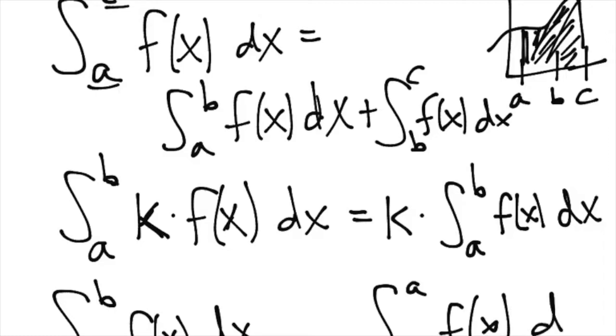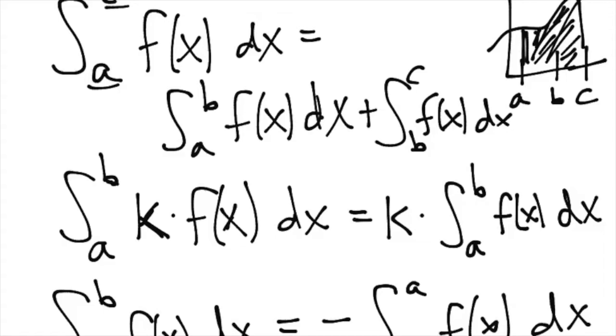These are related to each other in the sense that when you flip the order of your interval, like if B is bigger than A, then it makes sense to go from A to B, but if you go from B to A, you're going backwards. You actually get the opposite value of what you would have. So there are just different ways that integrals work together here, and we'll see some examples in the next video about how some of these properties of integrals work together and give us some nice results.